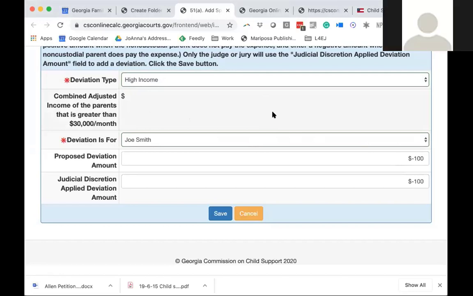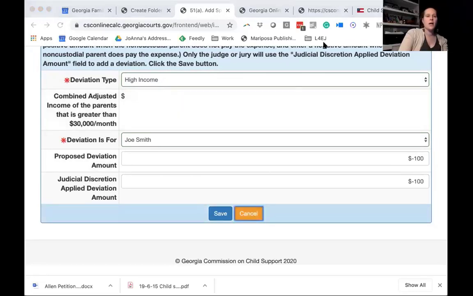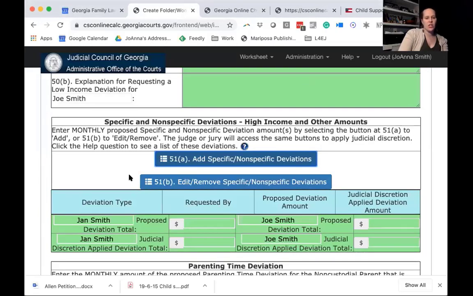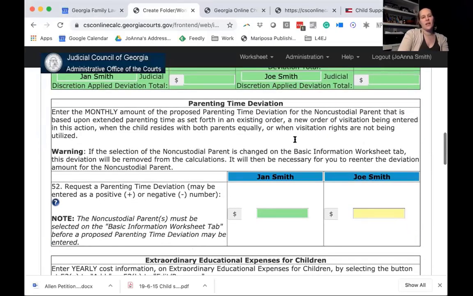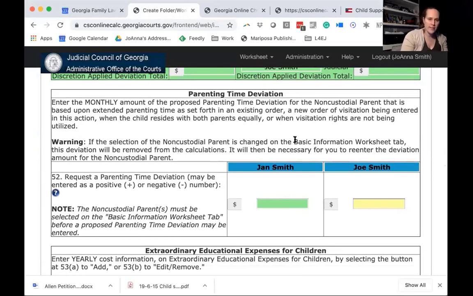Yep. Okay, speak up if it doesn't. Okay, so I'm not going to have a deviation in here. Parenting time deviation is one of my most hated deviations. If parties are splitting time exactly 50-50, there's a couple of different ways to do that, but what you might say is, instead of the parent who makes more money paying the full amount, you may only want them to pay the difference between what the two parents' child support numbers would be.